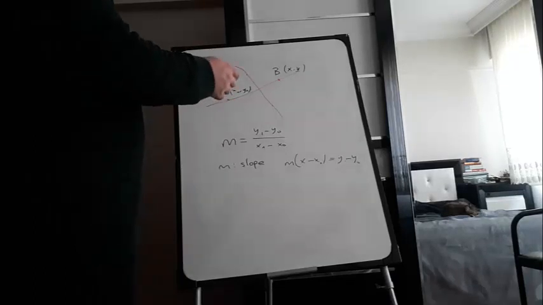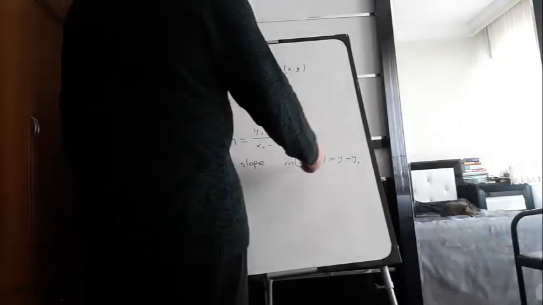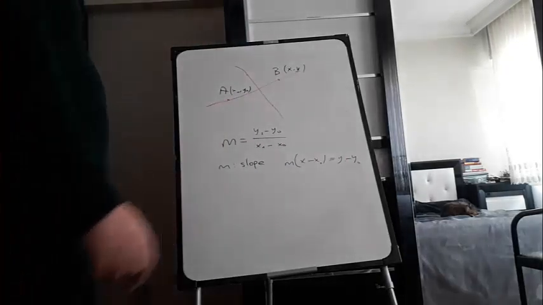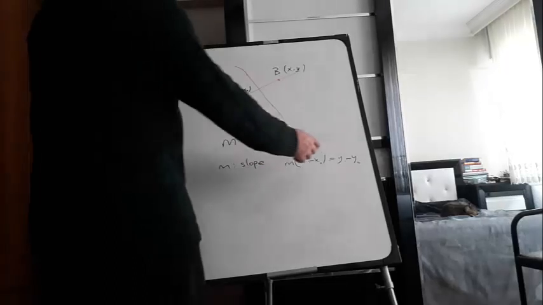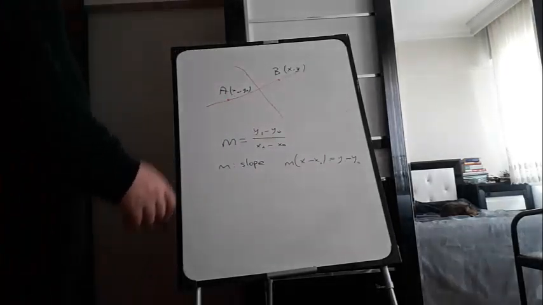These lines are represented by this equation. Here x and y are variables and m is the slope.